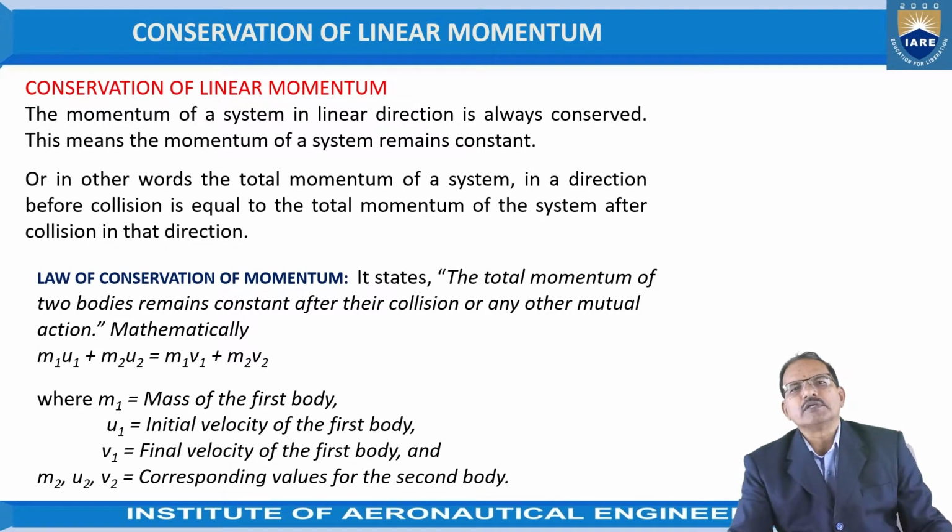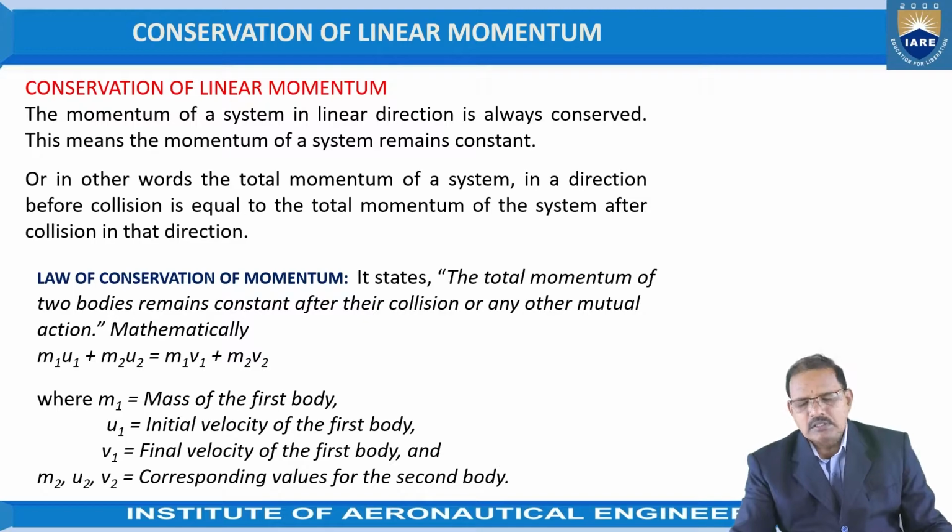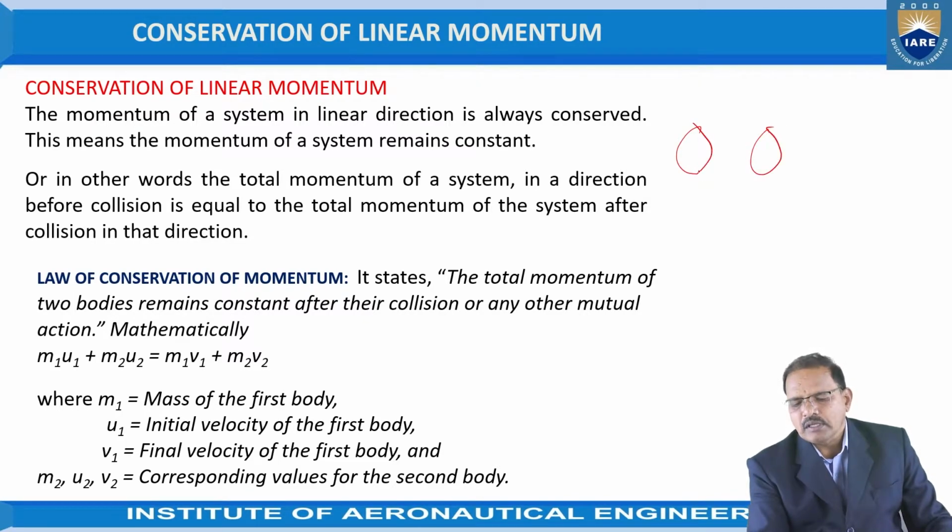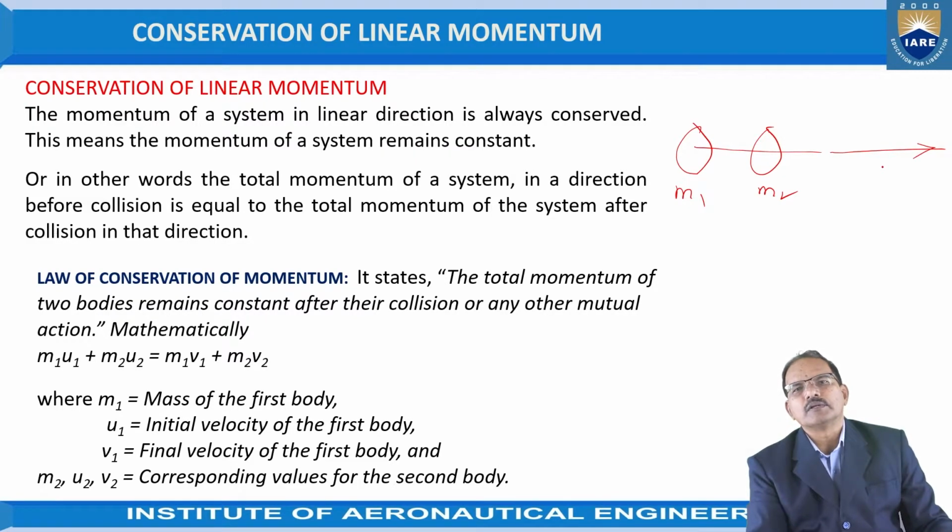So the law of conservation of momentum in that case: assume two bodies are moving, having masses m1 and m2, both moving in the direction shown in the figure. Assume u1 represents the initial velocity of the first body and u2 the initial velocity of the second body.